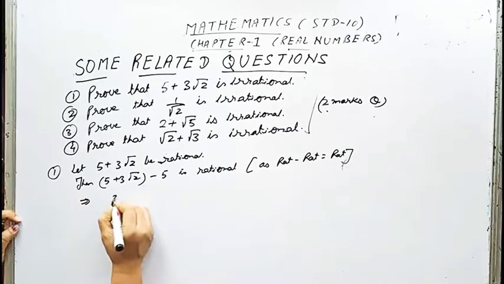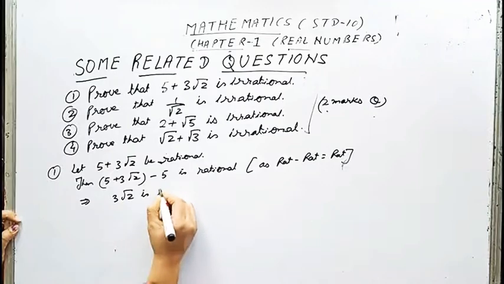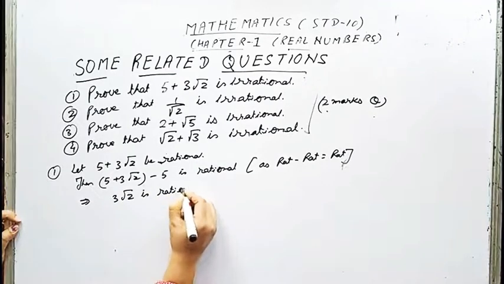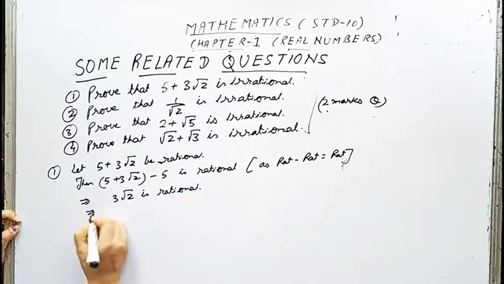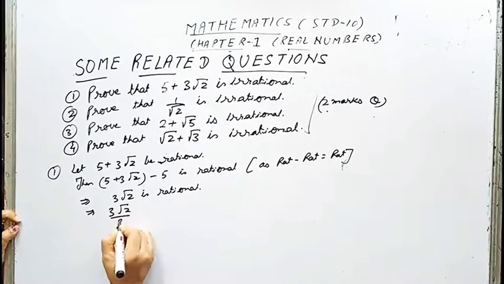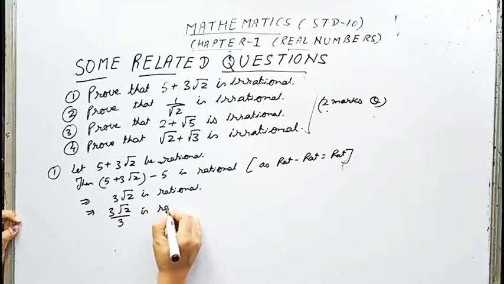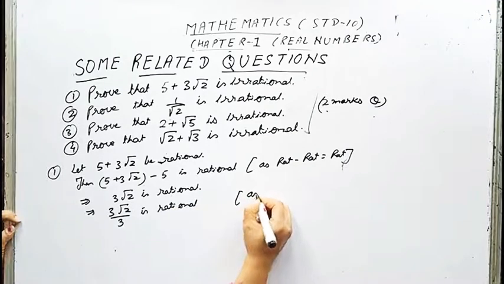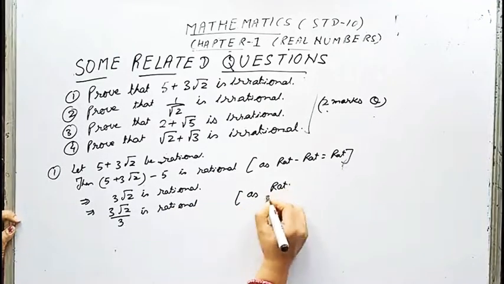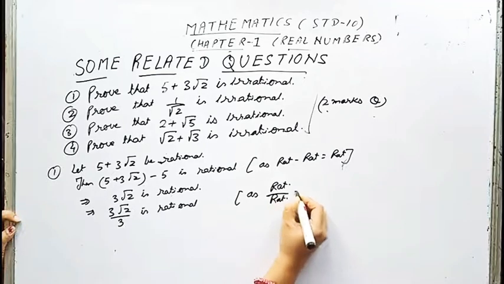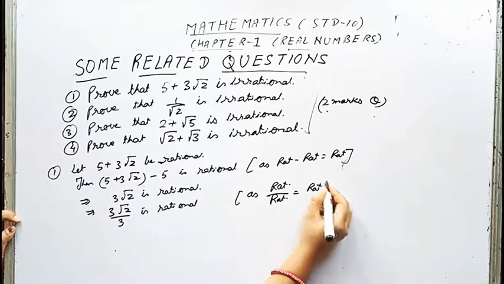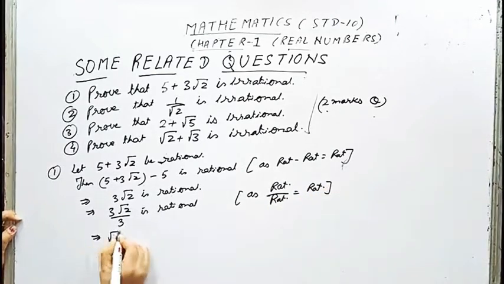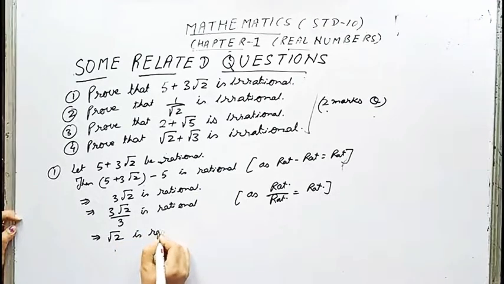This implies 3 root 2 is rational. This implies 3 root 2 by 3 is rational, as rational by rational equals rational. This implies root 2 is rational.